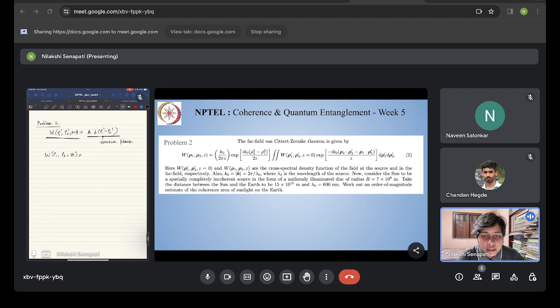Now we want to find out W(ρ1, ρ2, z), that means far field.